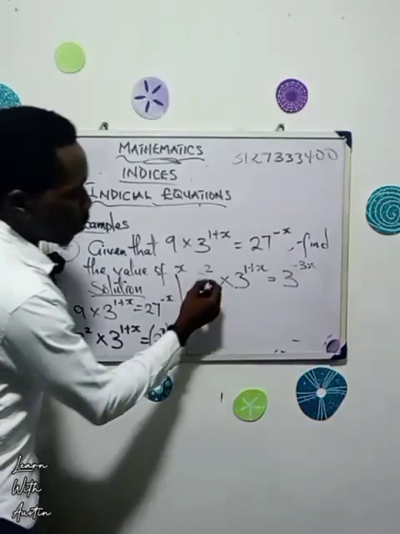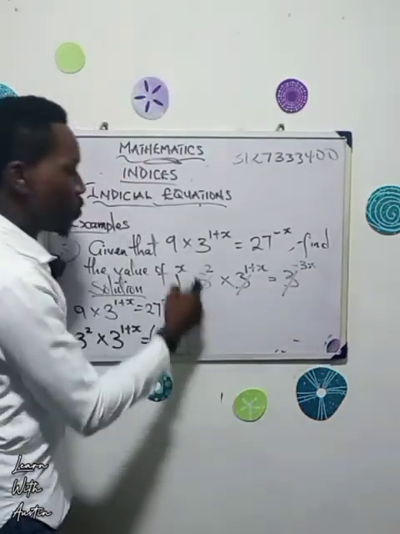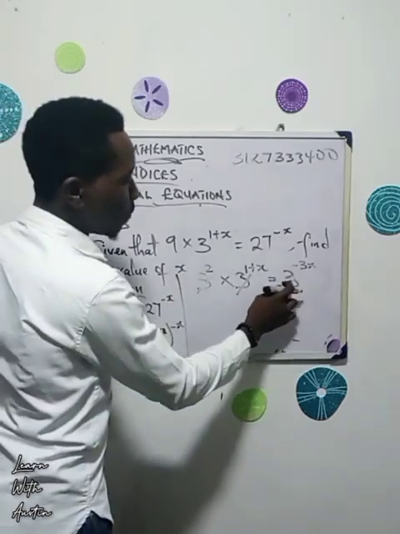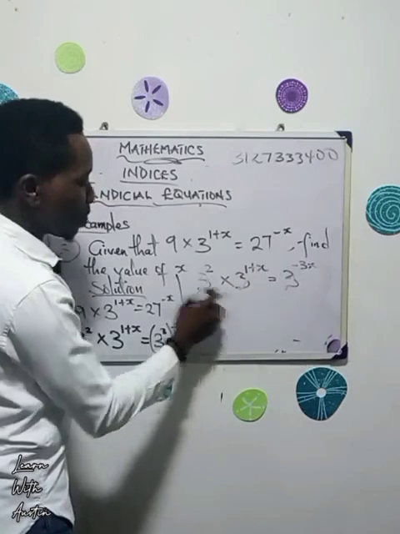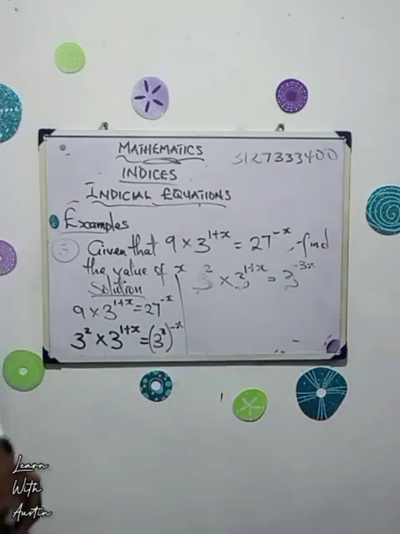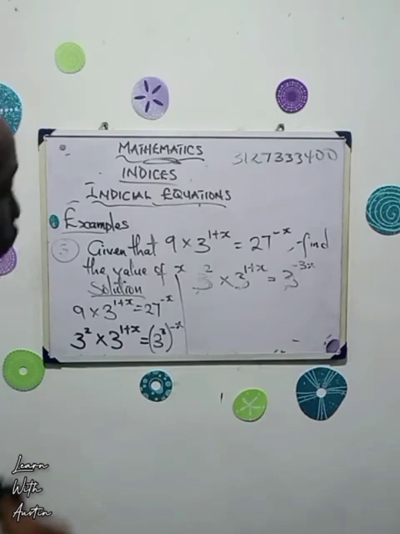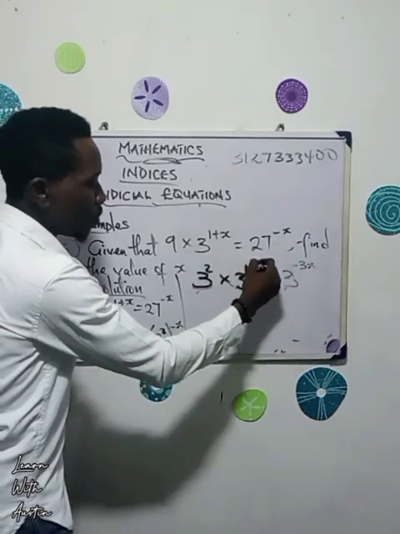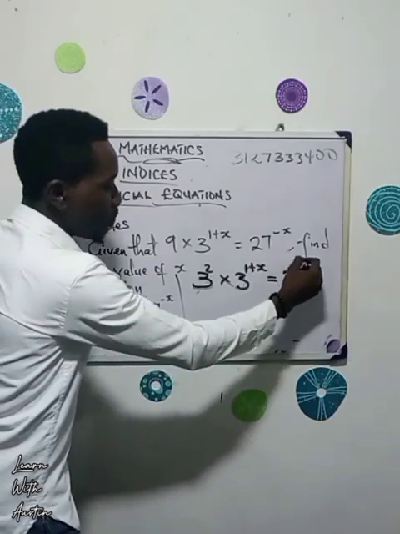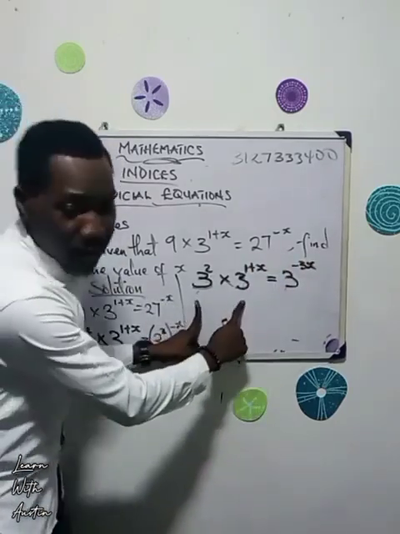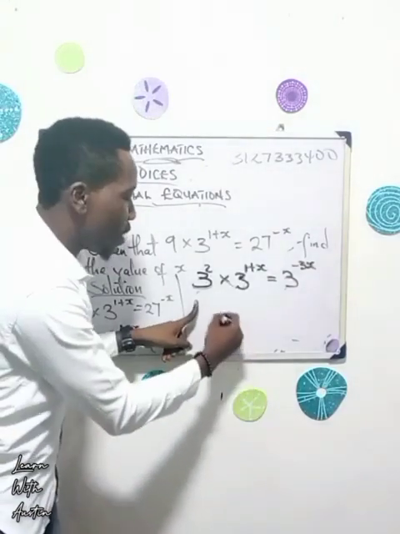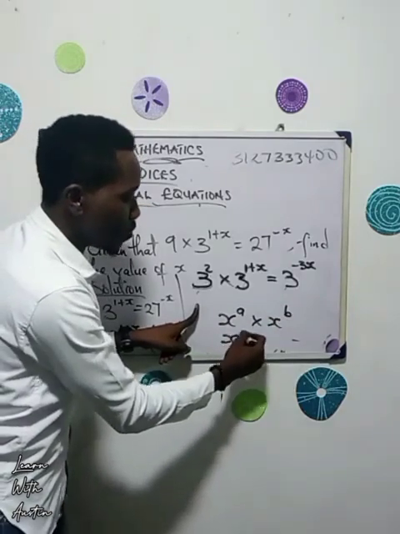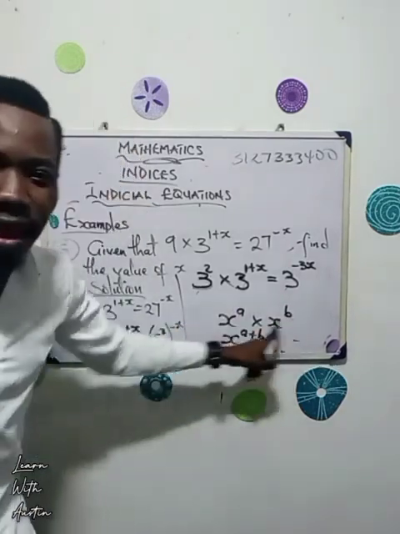Okay, so we are going to draw our bases, right? Oh, I forgot to look at this here. Before we drop our base, look at what we have here. We have 3 raised to the power of 2 times 3 raised to the power of 1 plus x equals 3 raised to the power of minus 3x. Remember the law that says x raised to the power of a times x raised to the power of b will give you x raised to the power of a plus b, that you will add up their powers, right?